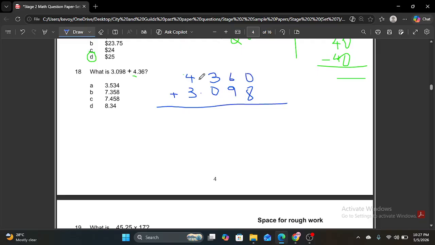It's not gonna change the value, because remember, these are points, so it's not 4,000, it's just 4. All of these comes afterwards. Nothing happens if you put a 0 right there, it just acts as a placeholder.